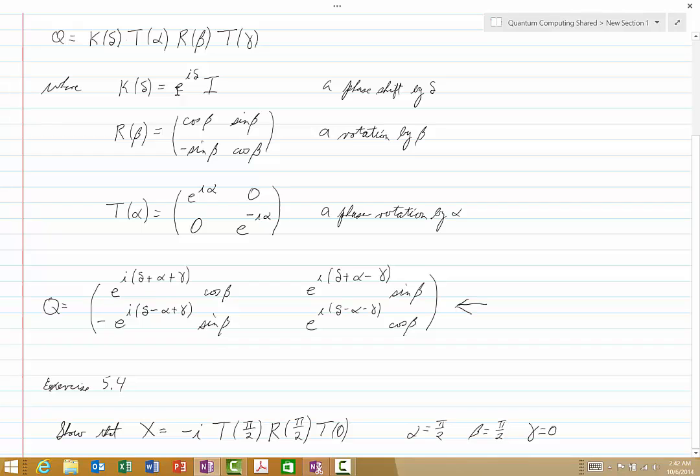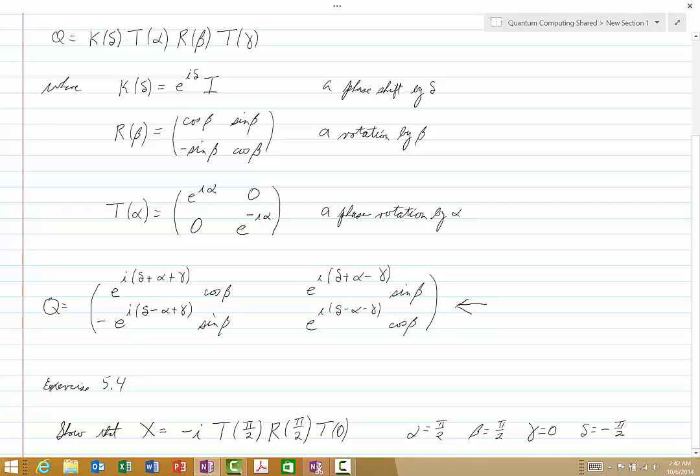We have e to the i delta times the identity matrix giving us minus i times the identity matrix. So what value of delta will give us e to the i delta equal to minus i? Delta equals minus pi over 2 would work. So we'll say delta equals minus pi over 2.